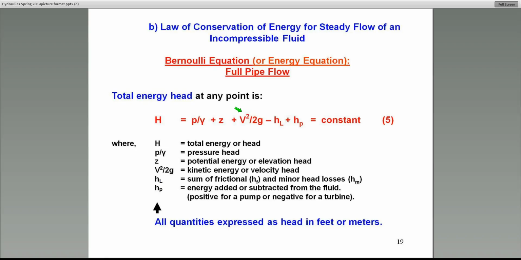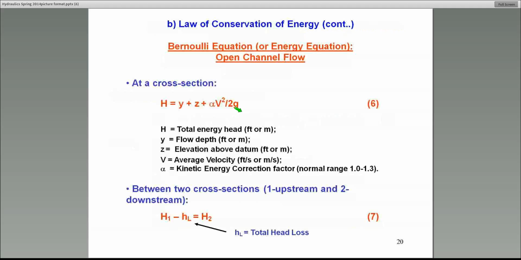And let's look at the next slide. I've got a small example also, not this slide, but the one following this. For an open channel system, I can define the same thing as I did for the pipe system. The total head at any point, or the total energy if you want to call it, is y. Instead of P over gamma, I substitute the flow depth, y. By the way, this is the vertical flow depth.